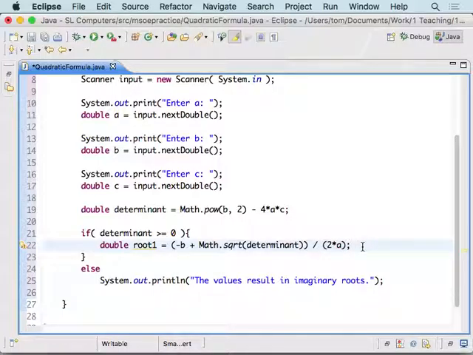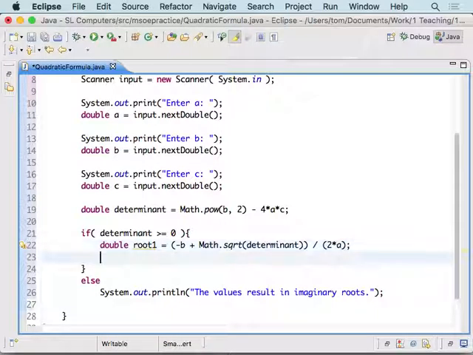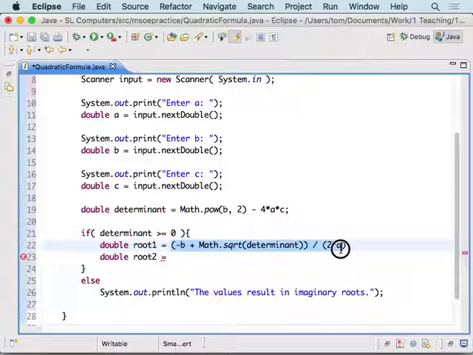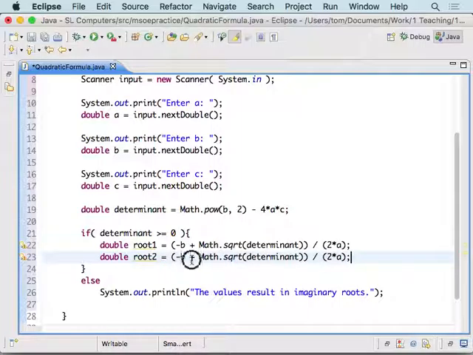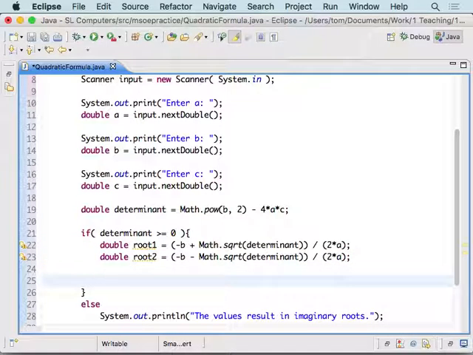Okay? So that would be root 1. Root 2 is going to be basically the same thing, except that we're going to put a minus sign here, because that's how the quadratic formula works. We do opposite of b plus, and then opposite of b minus. So root 2 is the same thing with a minus sign there. And then we're just going to report those roots.